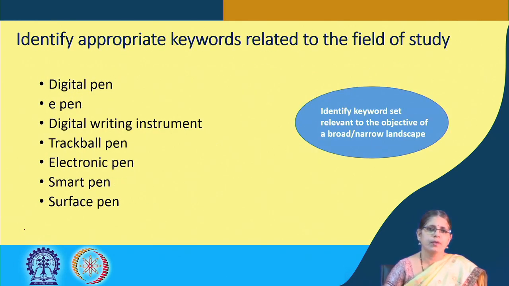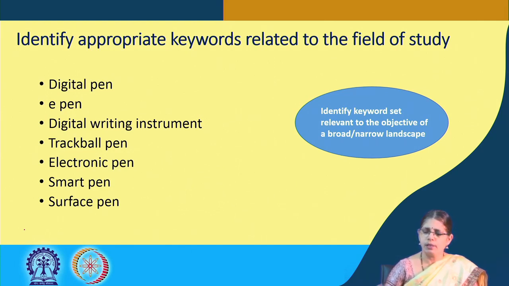So some of the keywords that can be used to prepare a keyword index list are digital pen, e-pen, digital writing instrument, electronic pen in the expanded form, smart pens as a generic term, surface pen and also trackball pen.